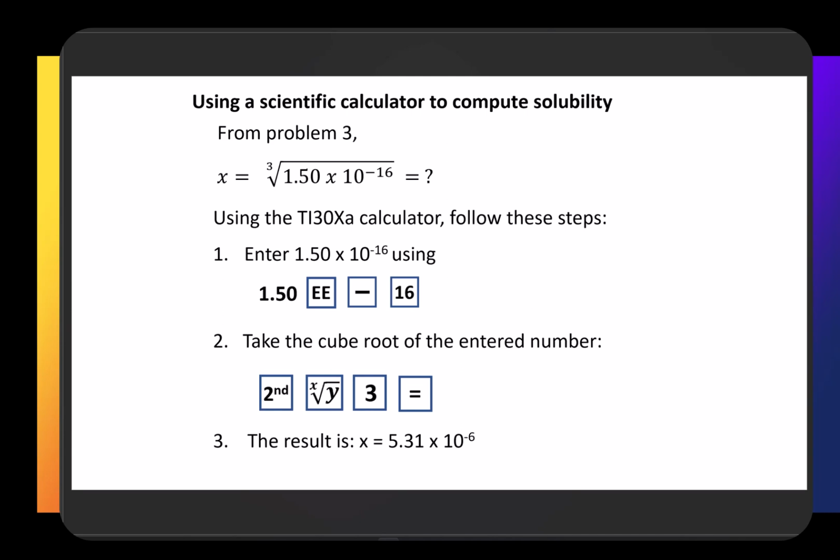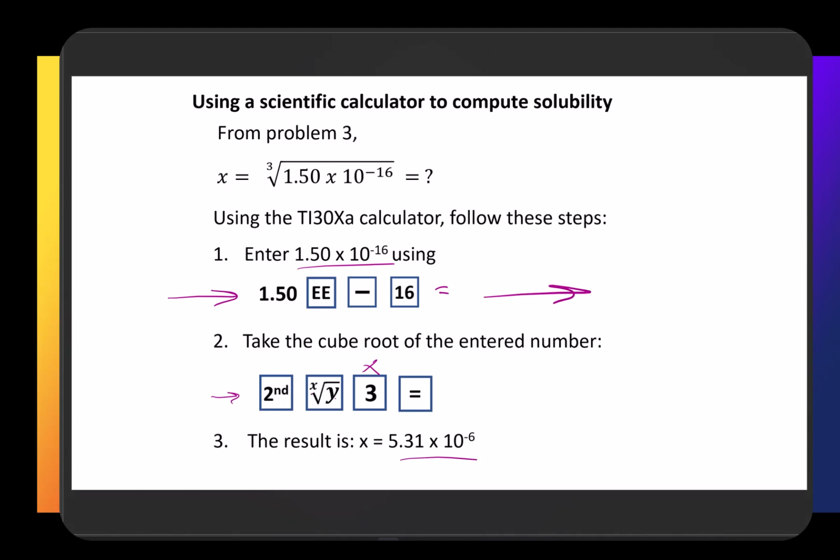And for using the calculator, I have this note here. I've shown some of the keys. You might have to press equal or the enter key here. Your calculator may be different. On mine, this is how you enter the scientific notation for this number. Then to take the cube root, I use the second key, the x root of y key, 3 for x, equal, and I get that number there.